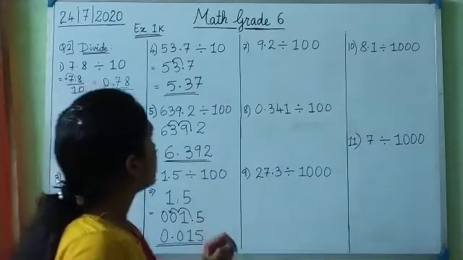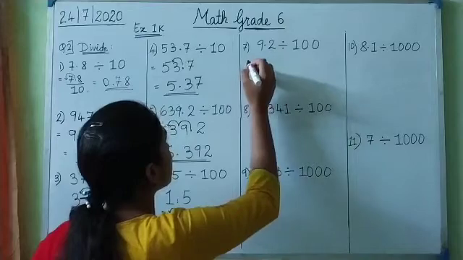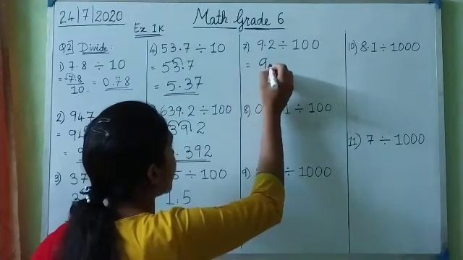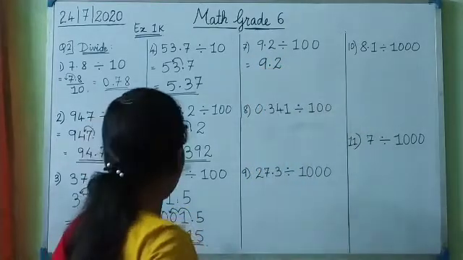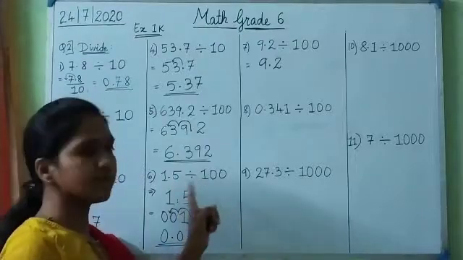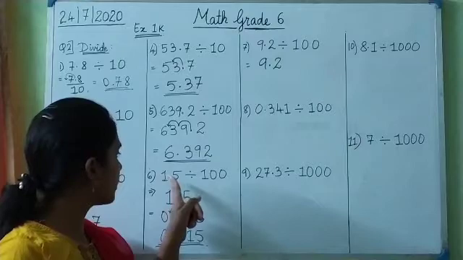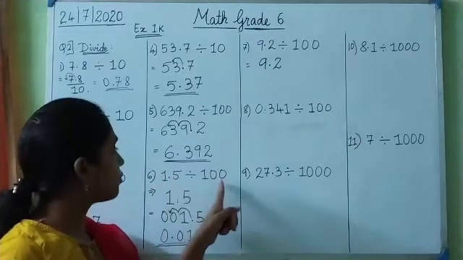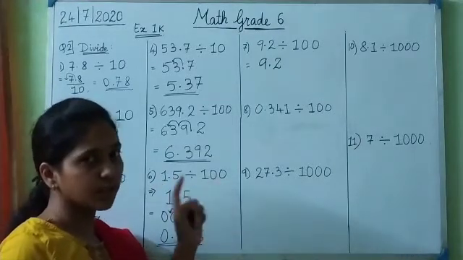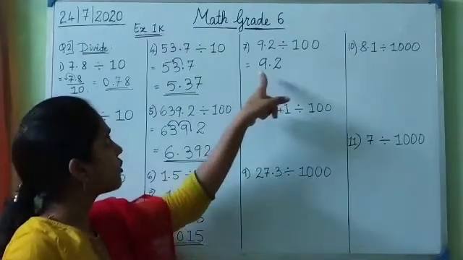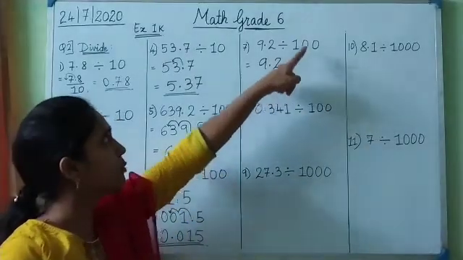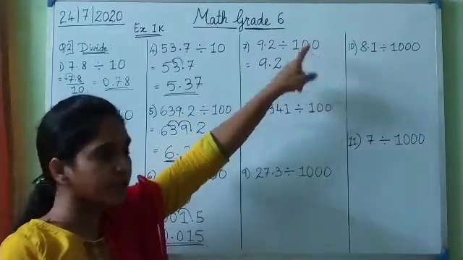Now the seventh one. The number is 9.2. It is similar to the sixth one: there was only 1 digit towards the left, and we had to move 2 digits towards the left because there are two zeros. Here also there is only one digit and we have to move two times because there are two zeros.